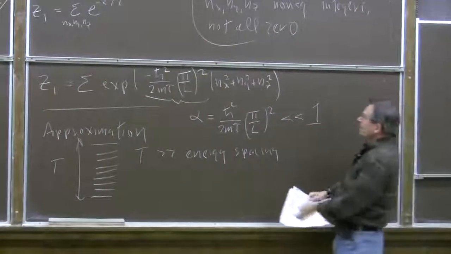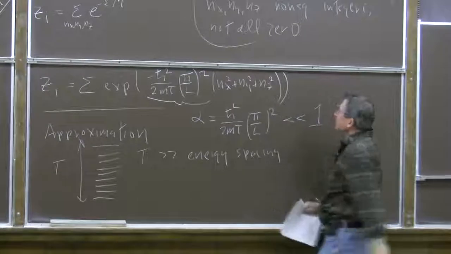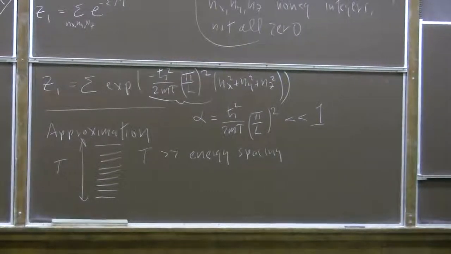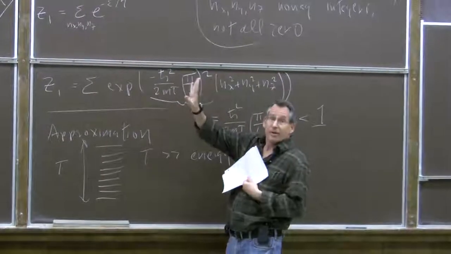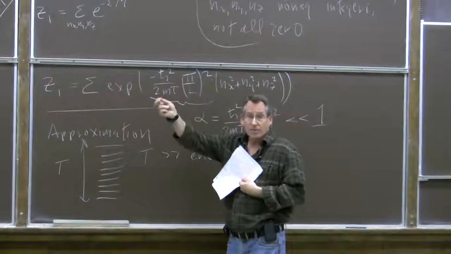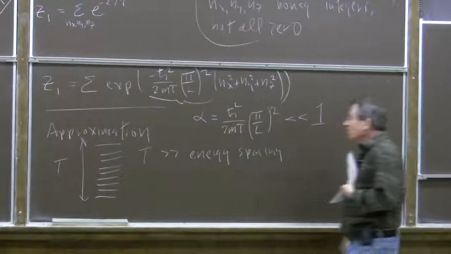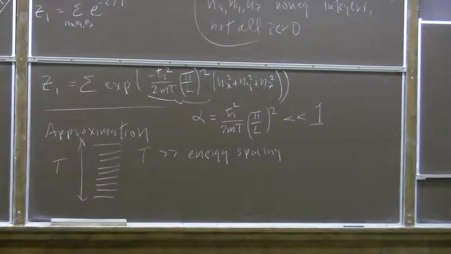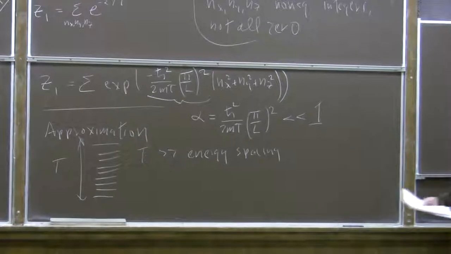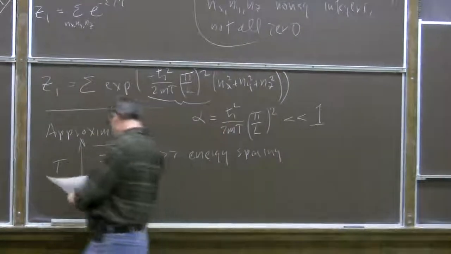So the exponential changes just a little bit when the integers advance by 1. So when we do the sum, we can approximate it pretty well by an integral. Think of it as like a Riemann approximation to an integral in the limit of alpha small.